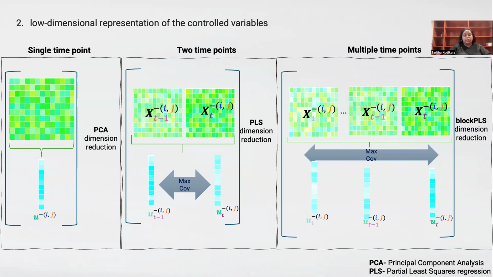I take 2 taxa at a time, take the low dimensional representation of the control variables, and use it in my regression to calculate the partial correlation. That's basically the idea. It is very similar to principal component regression, where you use the principal components as your independent variables in your regression, but it differs a bit when you look at 2 time points or multiple time points.